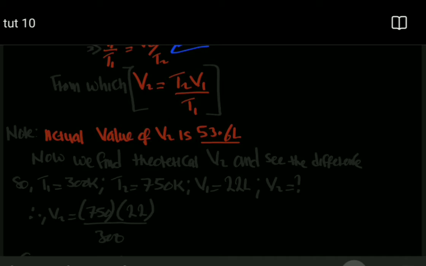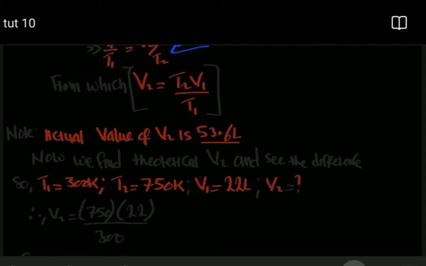Okay, so we know that the initial temperature converted to kelvins is 300 kelvins, and the final temperature, which is already in kelvins, is 750 kelvins. The initial volume of the air was observed to be 22 liters.